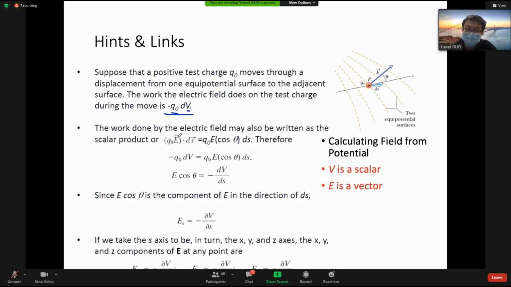It can also be expressed using the electric field times its path. But you need to note that the electric field is a vector, so we need to consider the angle theta with the path.